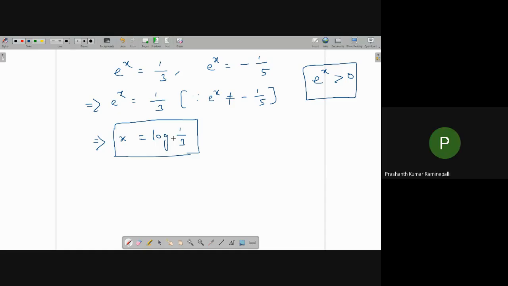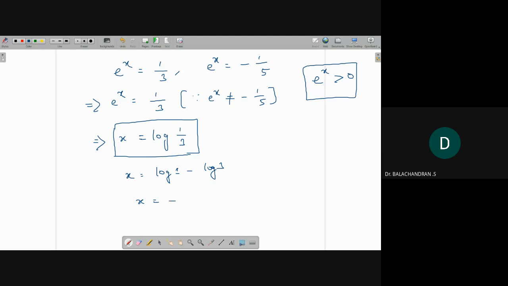We can write it as minus log 3. So you can write x is equal to log 1 minus log 3. Log 1 value is 0, log 3 value is 0.471.